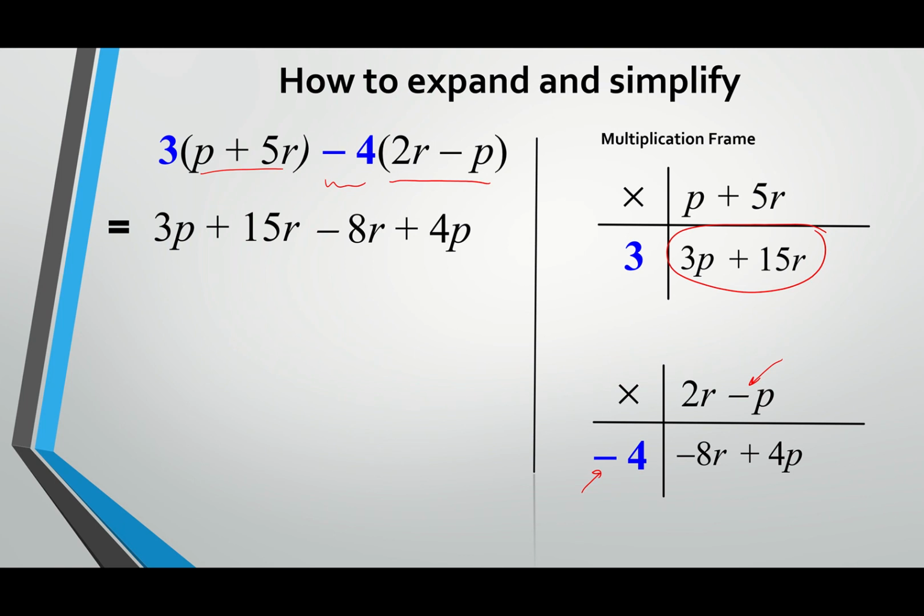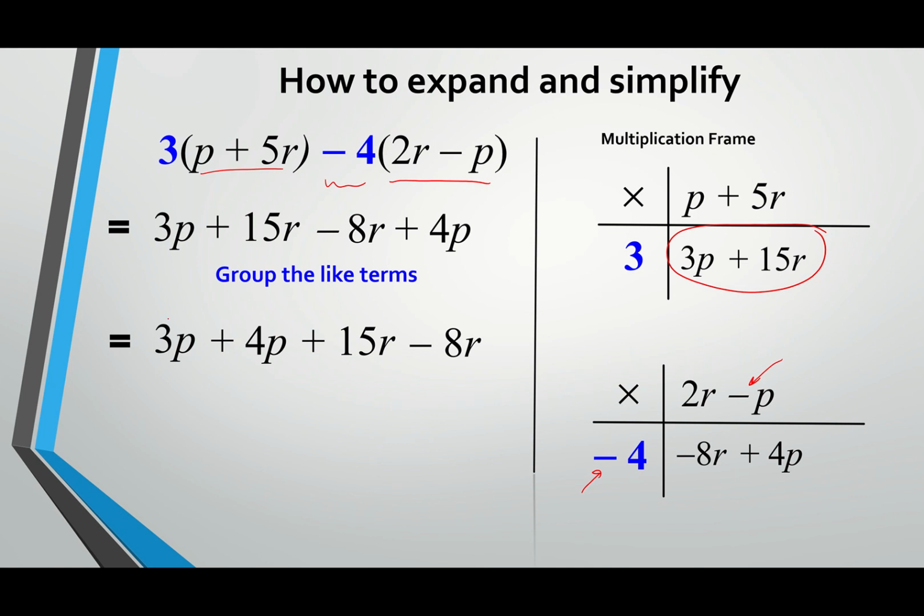Now if you study this line, can you see which terms are the like terms? If you guessed this one, 3p and 4p, you are absolutely correct. And then the r terms. After we group the like terms, we can simplify them.